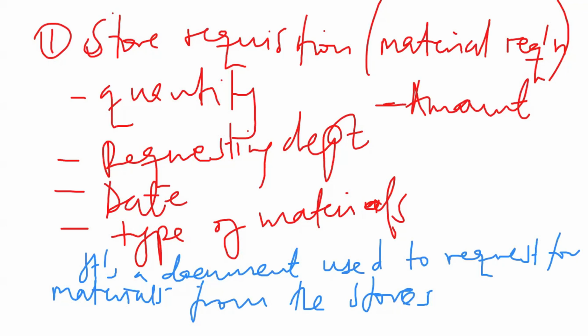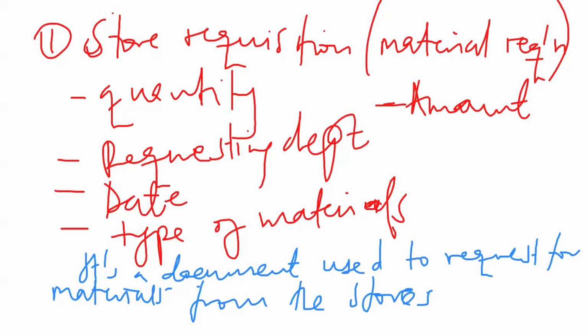Now that the store's person has received the store requisition form from the production manager, what happens after that? The store's manager has to check in the store to see what is available.